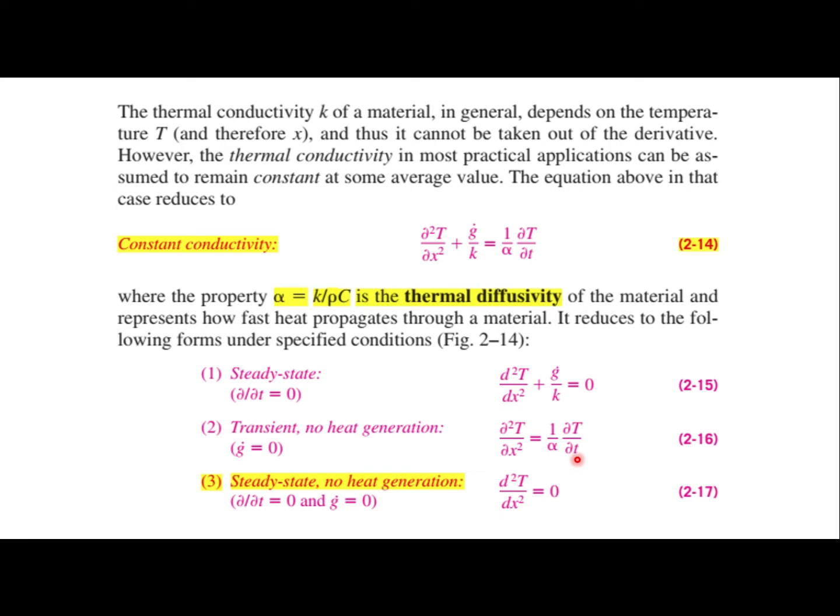So one single dependent variable depends on two independent variables, and we can write this differential equation in delta form. In equation 1 and equation 3, the temperature, which is the dependent variable, depends on only one variable, that is x, so we can just write the d derivative instead of the partial differential.